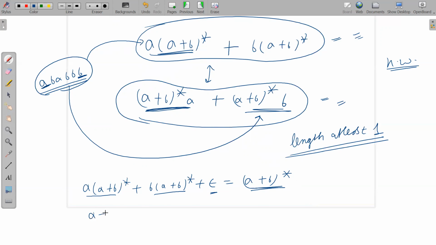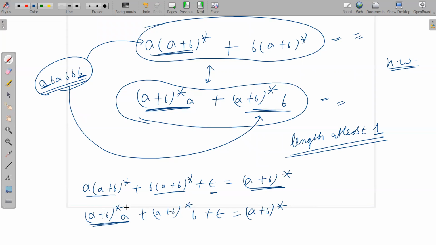Similarly, I can say (A plus B whole star A) plus (A plus B whole star B) plus null will again be equivalent to A plus B whole star. What does this mean?